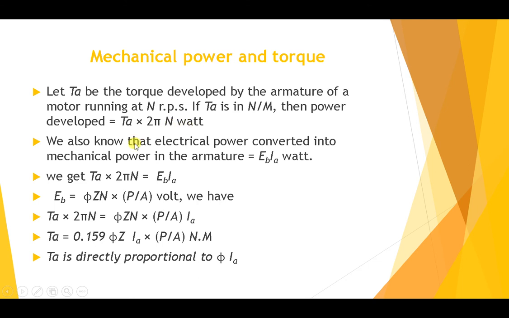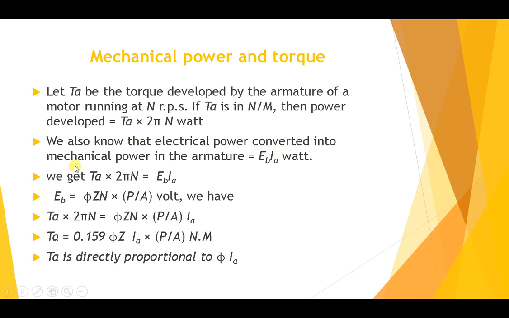We also know that electrical power converted into mechanical power in the armature is the basic principle of the motor. So this is equal to Eb and Ia, meaning voltage and current, watt.